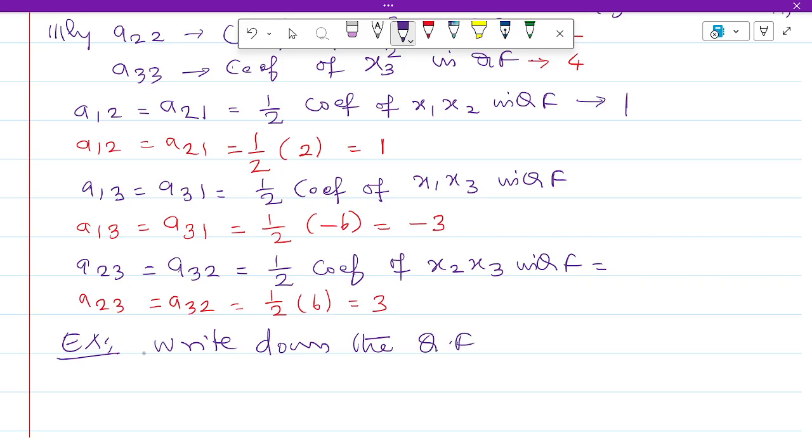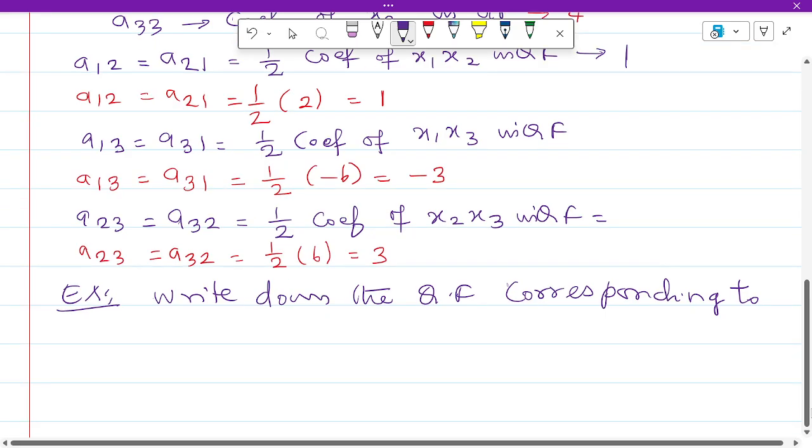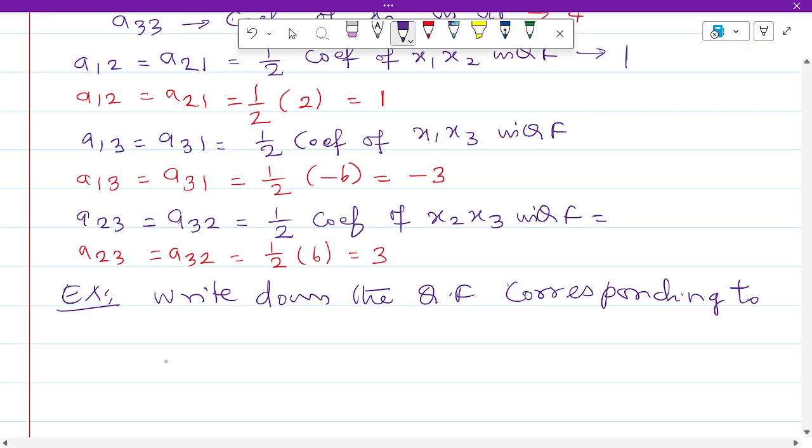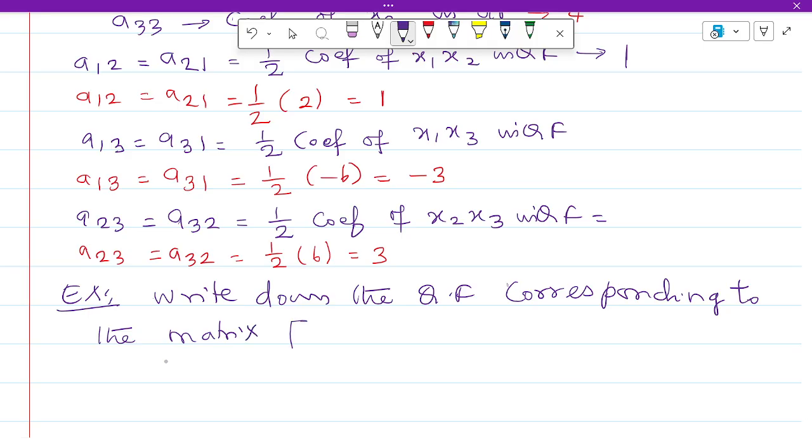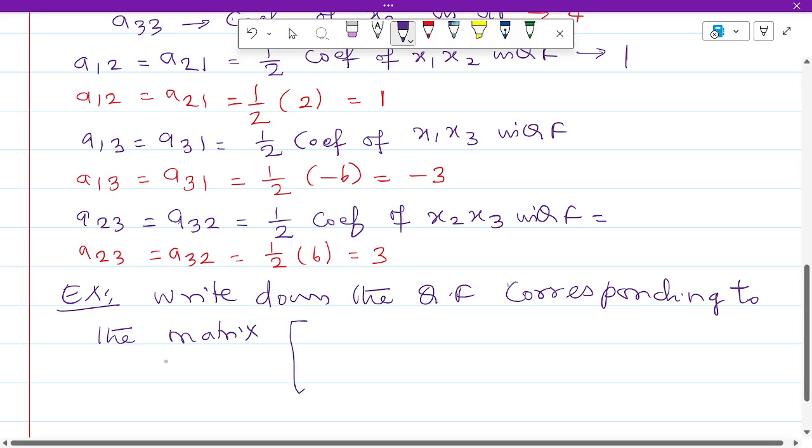Write out the quadratic form corresponding to the matrix A. The matrix will be given, and you have to write the quadratic form.